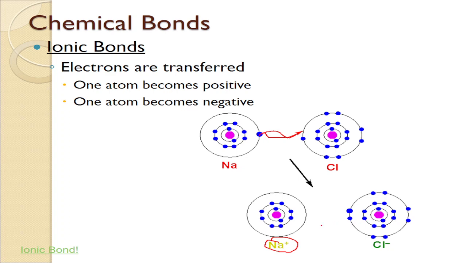Because chlorine has more electron affinity, it is highly electronegative, that's why it was able to pull the free electron. That's why when they join together, they form sodium chloride.